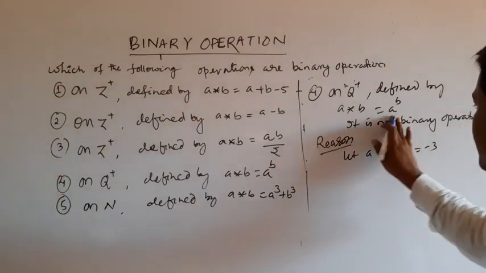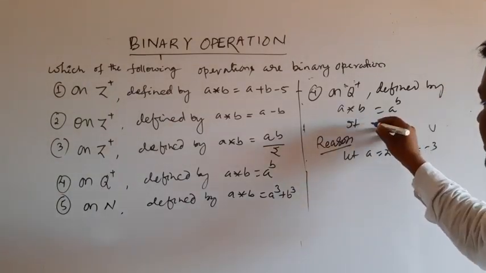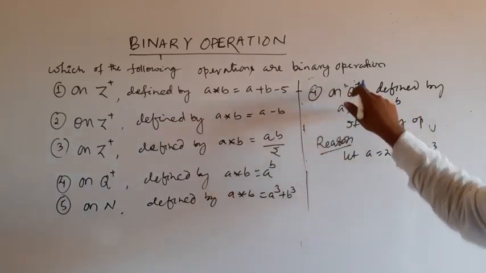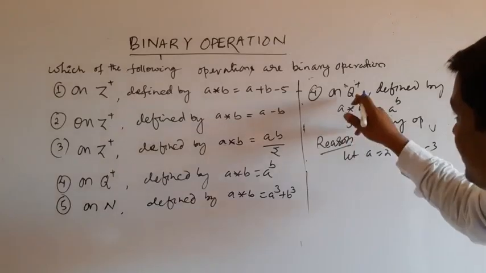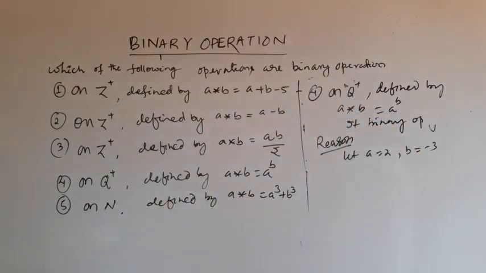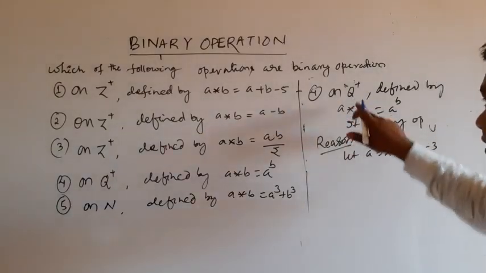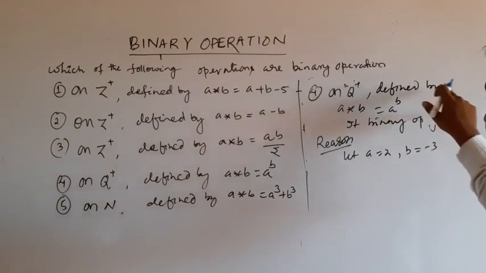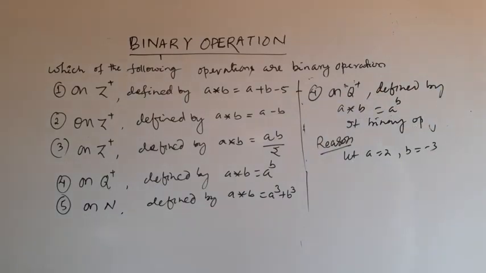It is a binary operation. If it were Z plus, then it would not be a binary operation. Since it is Q plus, it will be a binary operation. In the case of Z plus, a star b equal to a to the power b is not a binary operation.